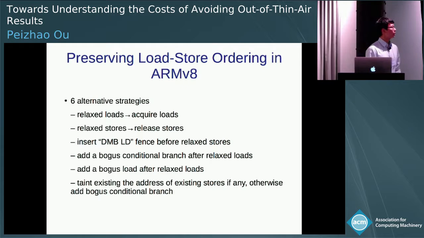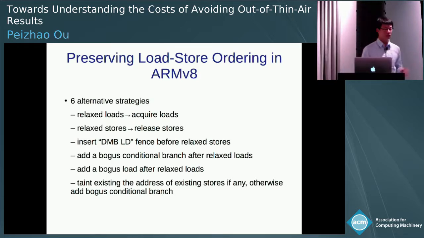The third option is to insert a fence, which is the DMB-LD fence, before every relaxed store. And this fence would effectively wait for previous load instructions to finish. The fourth option is to add a bogus conditional branch after every relaxed load. And we make sure that the condition of the conditional branch would use the result of that relaxed load so that we form control dependencies from the relaxed load to subsequent stores.